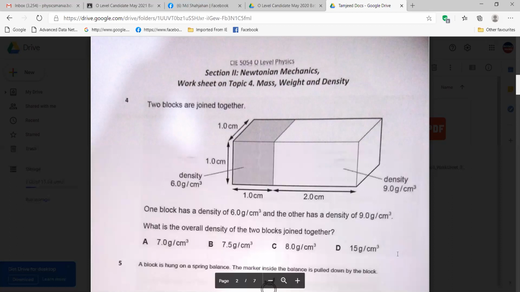Get it first and let me know the total mass. First, find it individually and tell me the mass of the black part and the mass of the white part. Then we can add. Do it now. The formula of mass is rho into V, right? Do it separately. There will be two steps to find the mass.